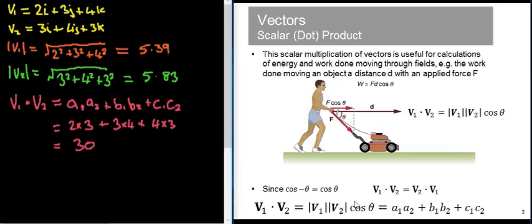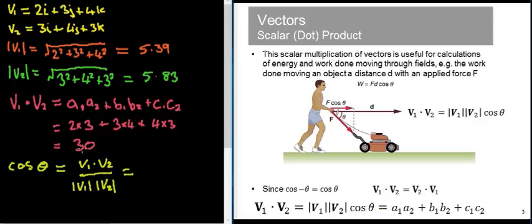And now if we're asked to find the angle between the two, if we take this sum here and we transpose that for cos theta, we find that cos theta after that transposition equals the dot product V1 dot V2 divided by the product of the magnitudes of V1 and V2.